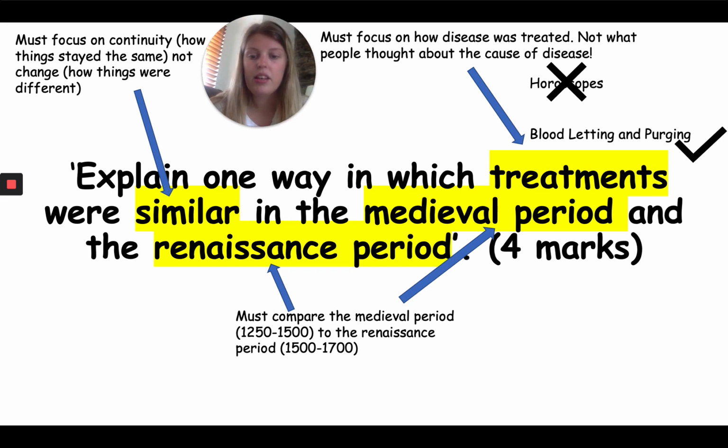So please, please, please don't compare it to the modern day. A few of you did. I know you did that in your last question, but you need to read the question. So spending a minute or so reading through the question can save you from making mistakes.